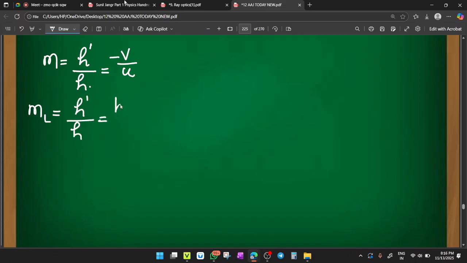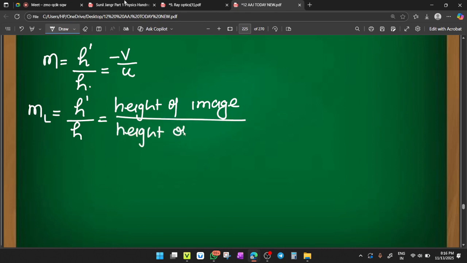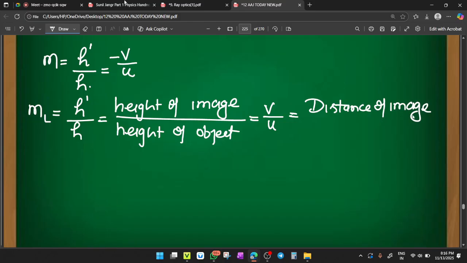This is equal to height of image or size of image divided by height of object. Clear? And numerically it comes equal to v by u, distance of image from optical center divided by distance of object.